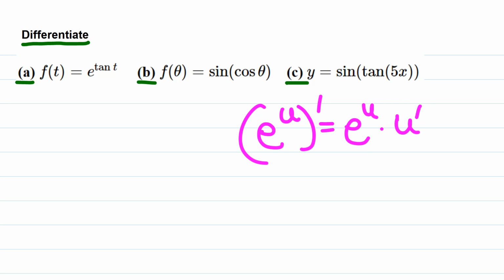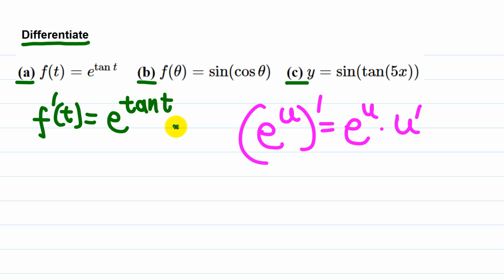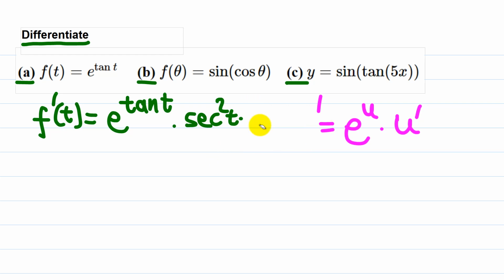So I'm going to apply that for A and find that f prime is, this is like e raised to u, when we find its derivative from this rule, itself, e tangent t, times derivative of tangent t. Okay, that's the u. Derivative of tangent t is secant square t, and I can finish. This is it. Okay, so that's part A.